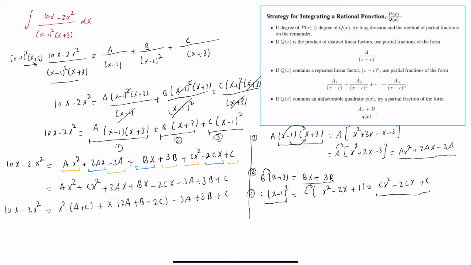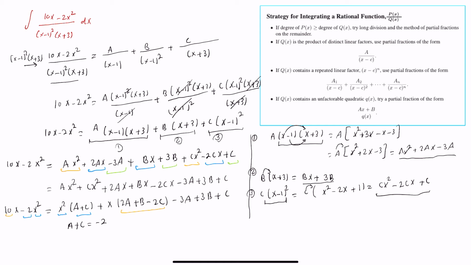So now we're going to do something called equating the coefficients. First, we look at the x squared. Note their coefficients are going to be equal to each other. So we will have a plus c equal to the coefficient on the left side, which is minus 2. Then we equate the coefficient of x. On the right side, we have this one, and on the left side, we have 10.